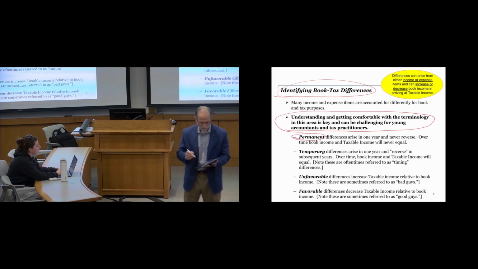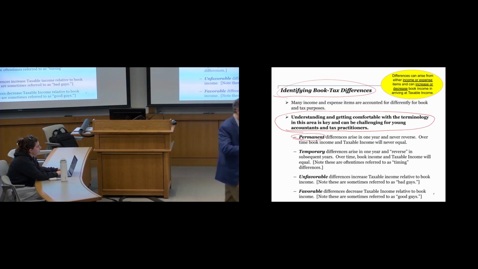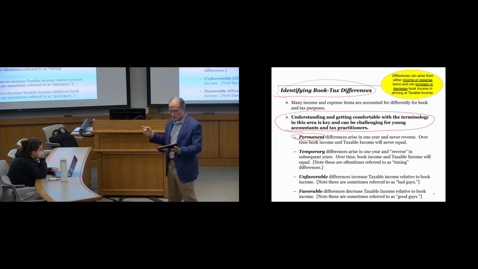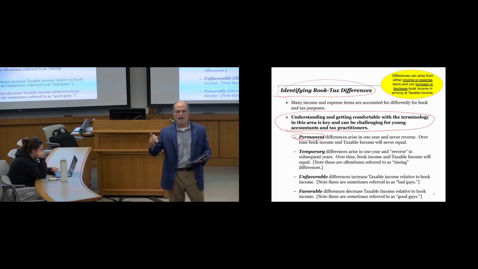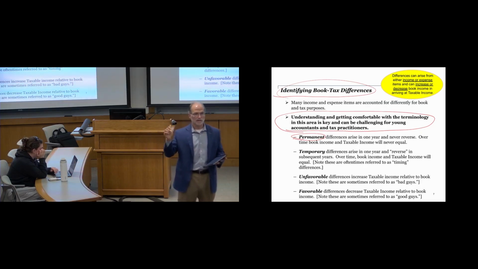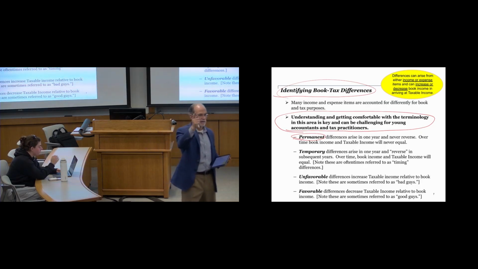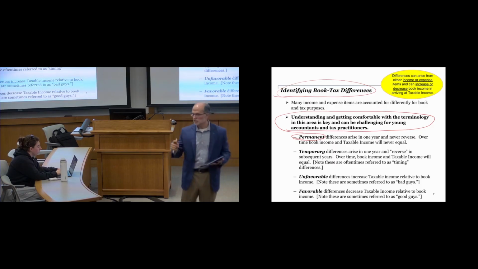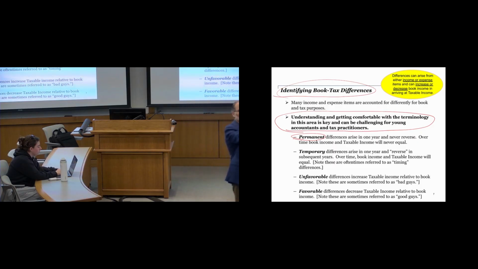First, a permanent difference. Think of column A on our spreadsheet. Column A is book income, and we're trying to get over to column C, which is taxable income. So I'm dealing with column B. Permanent differences arise in one year and never reverse. So something is taxable that is not included in book income, which is weird, or something is included in book income and not taxable income.